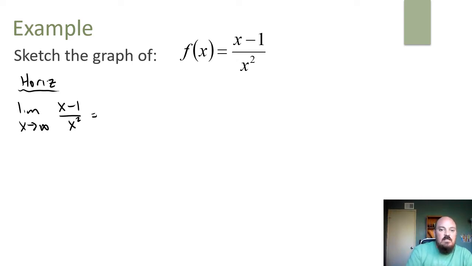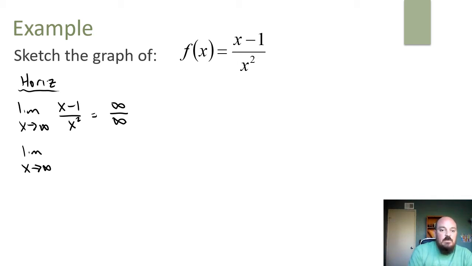And when you look at this, yes, it does go to infinity on top and bottom. So I would probably do L'Hopital's rule here. I'd say I'm getting infinity over infinity if I'm plugging in infinity. So I'm going to take the derivative of top and bottom and try the limit again.